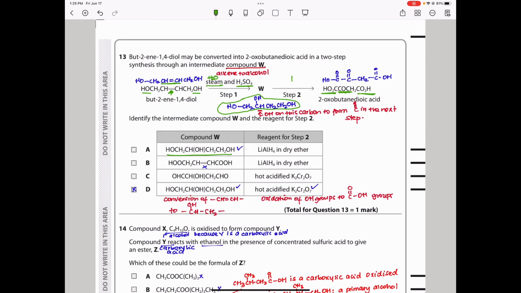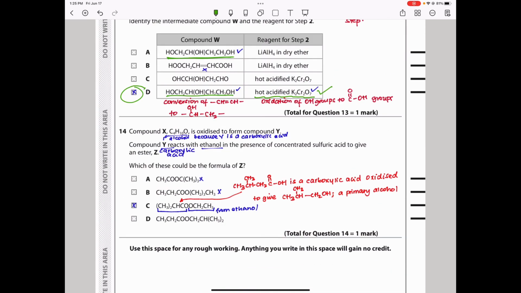So it means this was an oxidizing agent. And the suitable oxidizing agent could be, of course, acidified potassium dichromate. So you can see this could be that or that, and here we can see there is only one oxidizing agent, so it makes D the answer because it fits the two conclusions we have seen here.